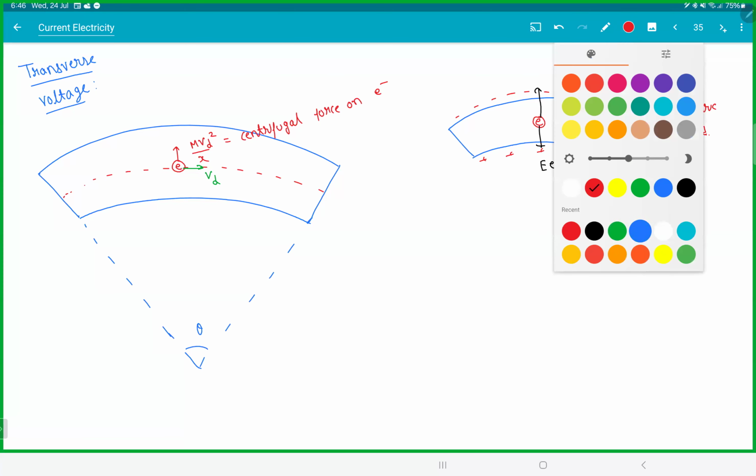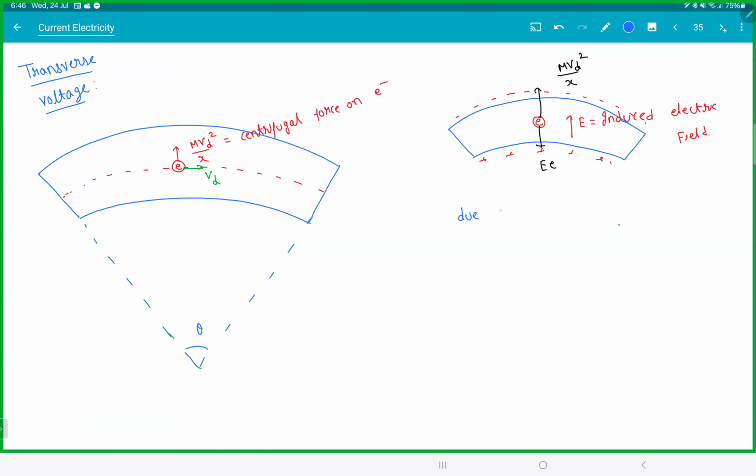So due to centrifugal force, electrons accumulate on the outer surface, inducing charges. These induced charges create an electric field which will oppose the centrifugal force.